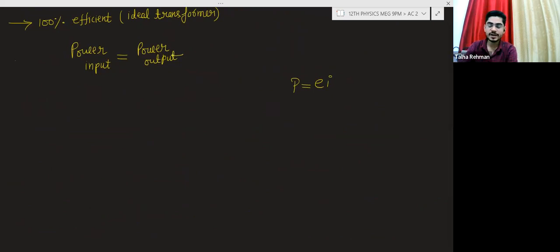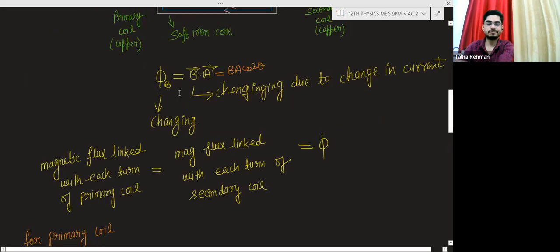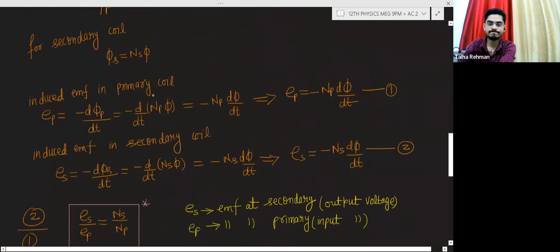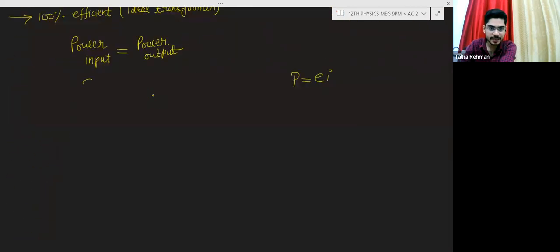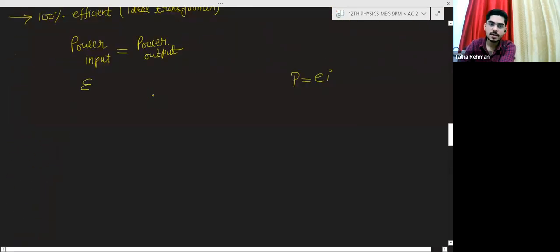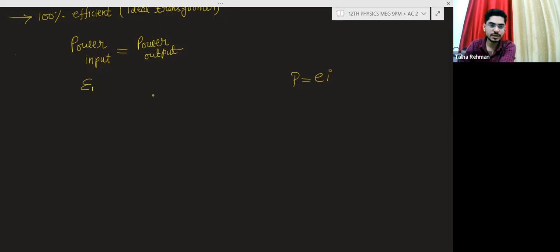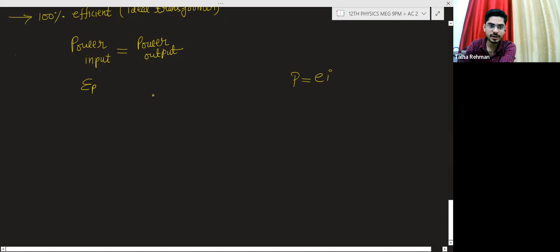So power input means EMF in primary coil multiplied by current in primary coil.